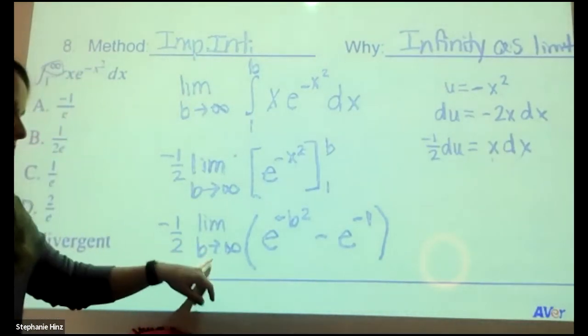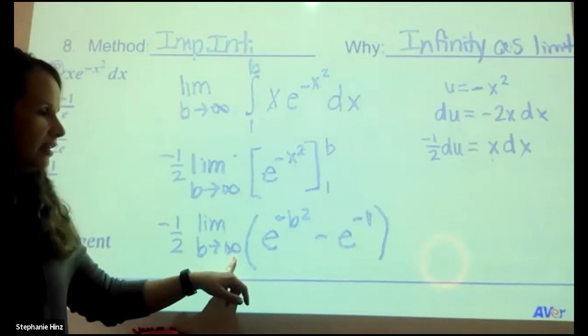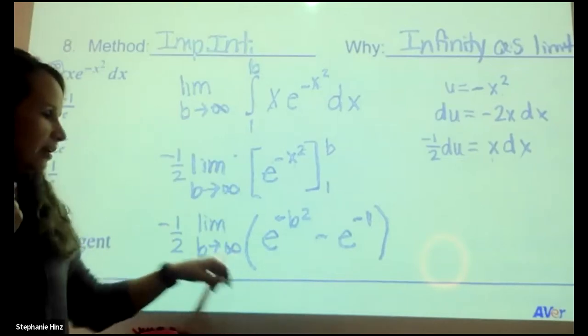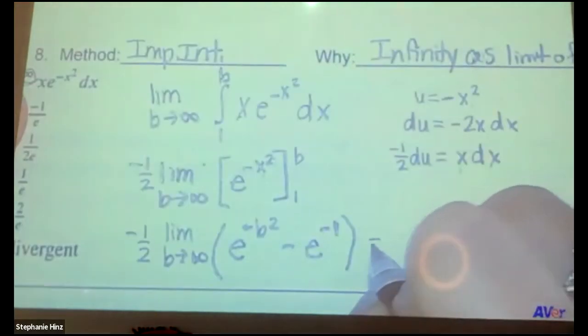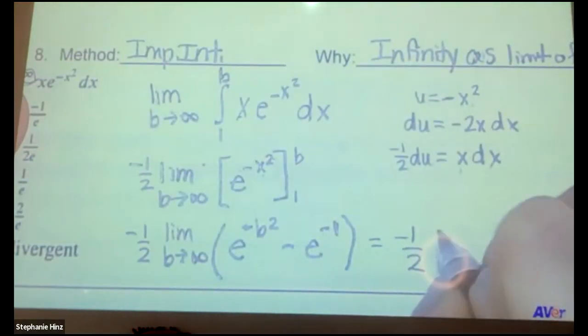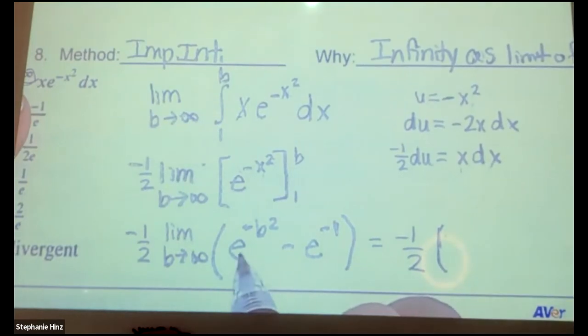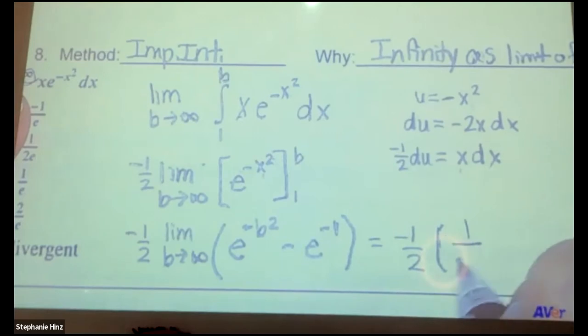So now I want to plug in infinity. This gets a little bit complicated. We really need to think about this. I have negative 1/2, and then I have 1 over e to the infinity squared minus 1 over e.